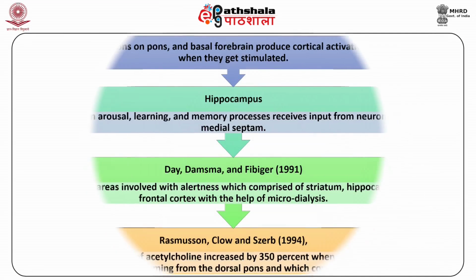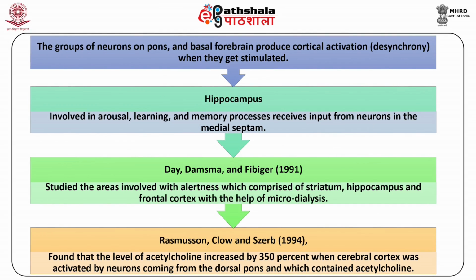There are particular neurotransmitters such as catecholamines, acetylcholine, histamine, glutamate and aspartate that are localized within the reticular formation and have important roles in cortical activation and arousal. The neurotransmitter acetylcholine plays an important role in this context. The groups of neurons in the pons and basal forebrain produce cortical activation, desynchrony, when they get stimulated.